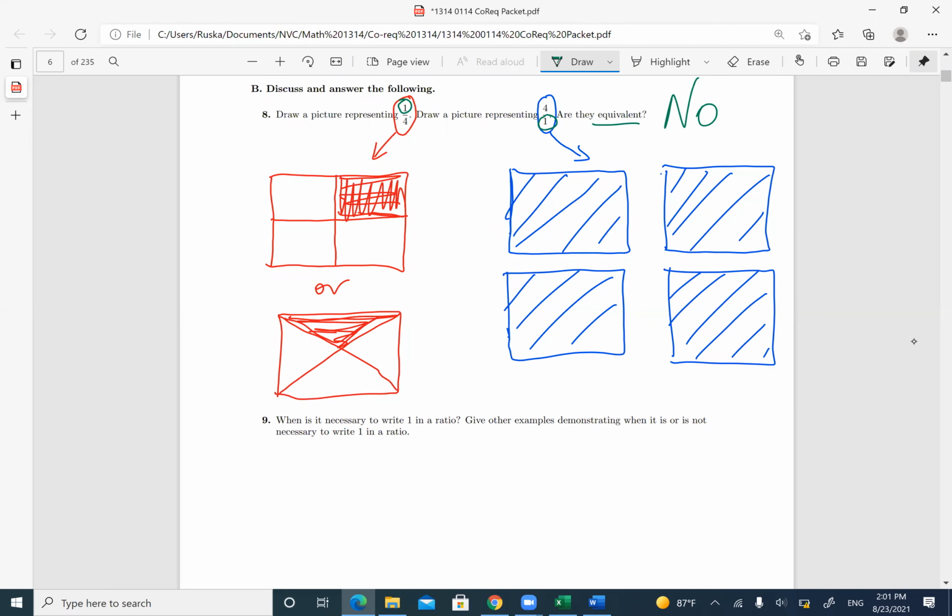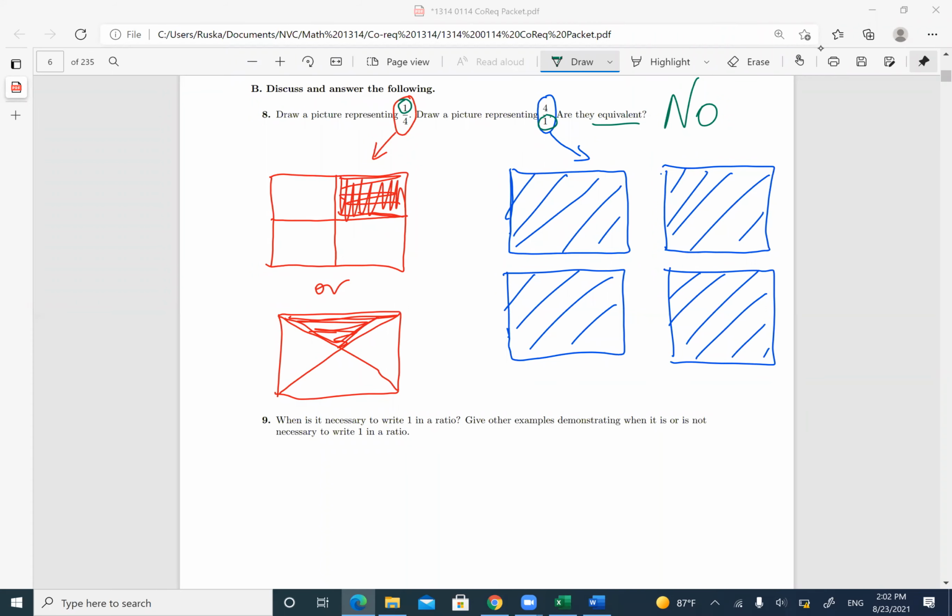Where do you have to put the 1, in the top or in the bottom? You have to have it at the top, that's right. You have to put 1 in the top, but putting 1 in the bottom is optional.